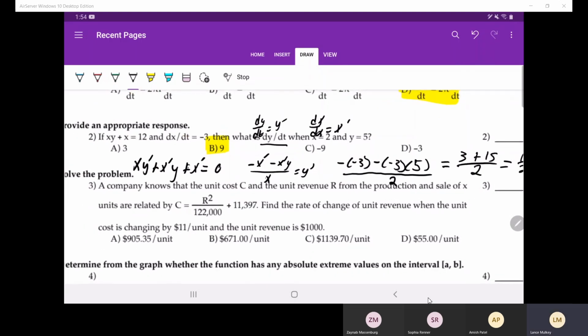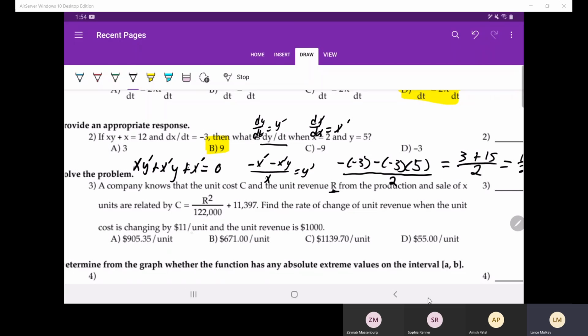Okay, so a company knows that the unit cost, C, and the unit revenue, R, from the sale of X units, so they're functions of X, are calculated by C equals R squared over 122,000 plus 11,397. Find the rate of change of the unit revenue, R, when the cost is changing by $11 per unit.